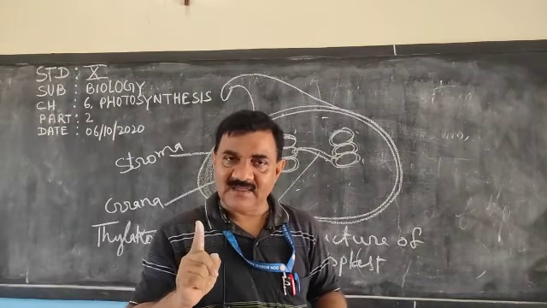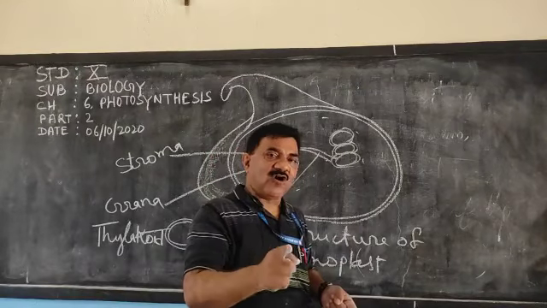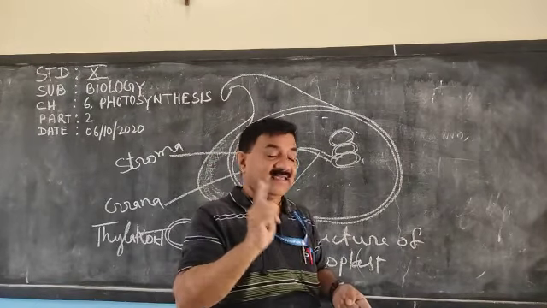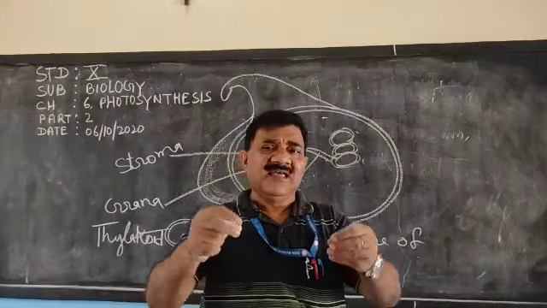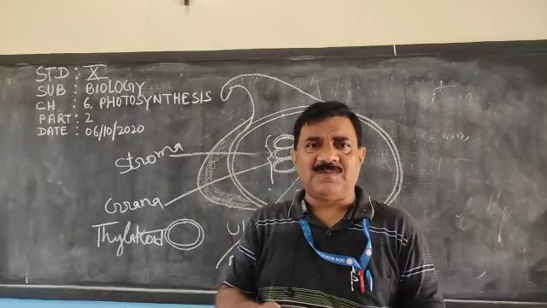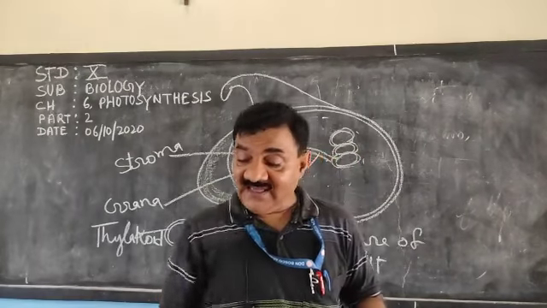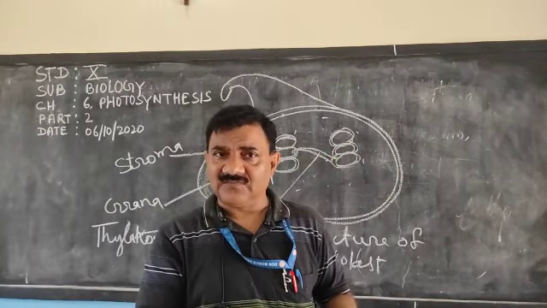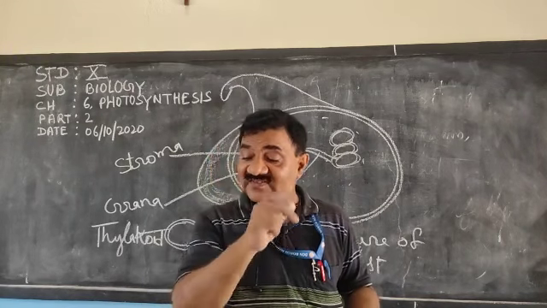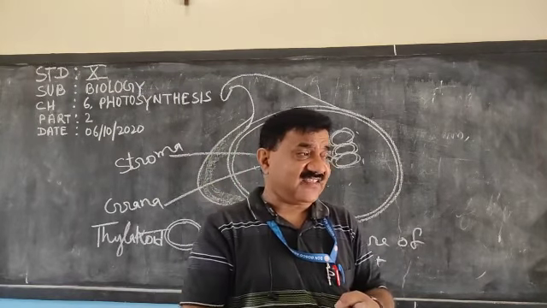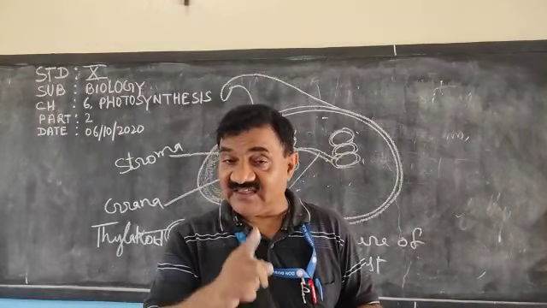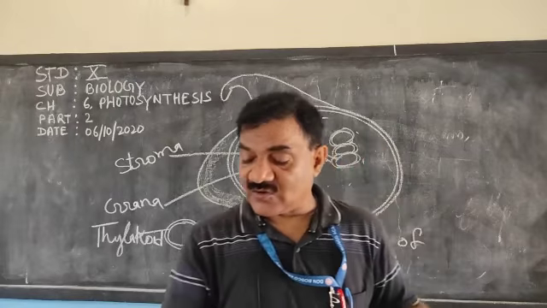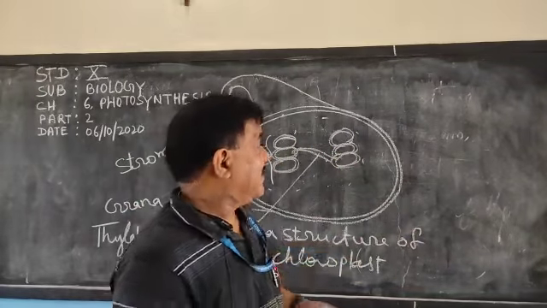Or in the green stem, this chloroplast is located. Or in the guard cells also, which are present in the stomata.